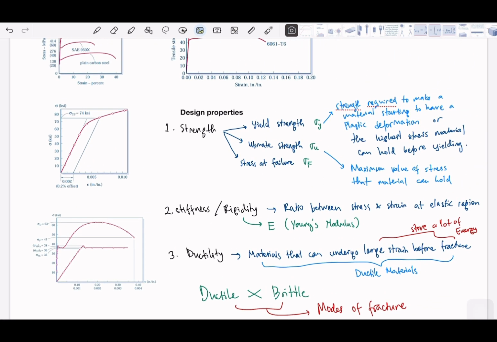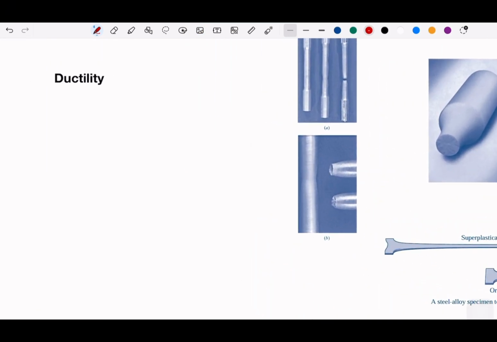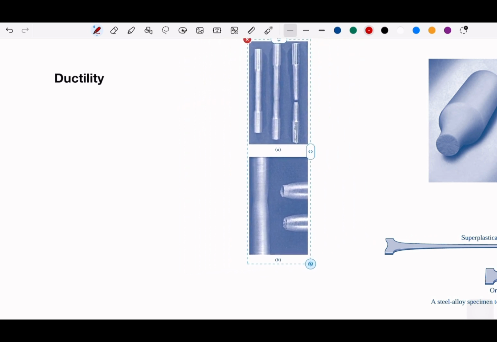Okay, now let's go to some part of the ductility that I want to get into. So basically, the picture here is an example of a typical fracture.